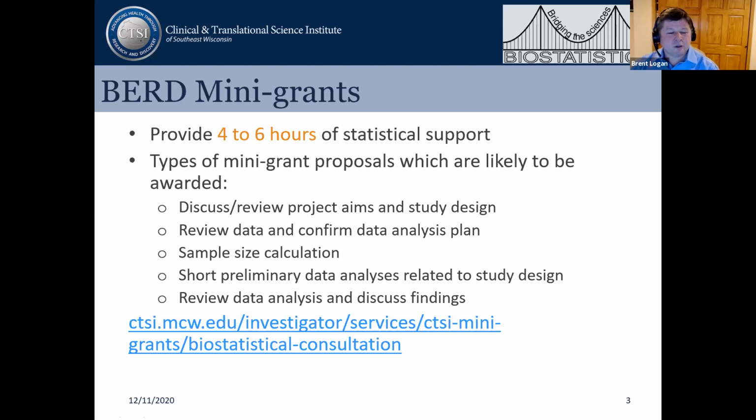You can access those with the link provided here if you are interested in working with one of the BERD investigators or BERD statisticians.